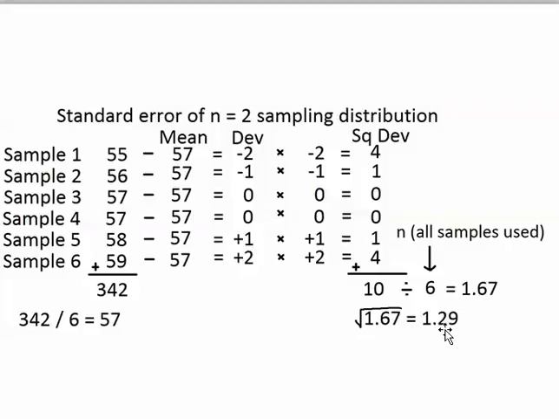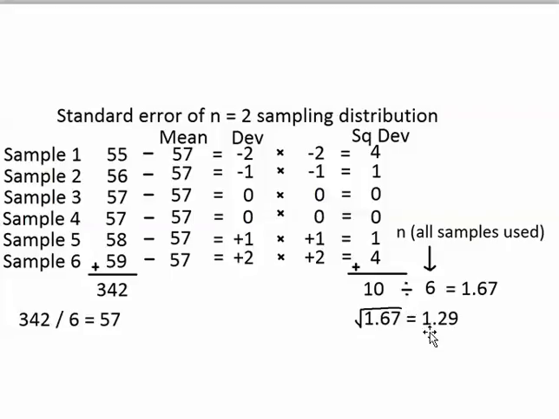And you might be wondering what that's telling us. Well, what that's telling us is that each of these 6 sample means is on average 1.29 away from the population mean. So on average, these sample means are 1.29 off target.